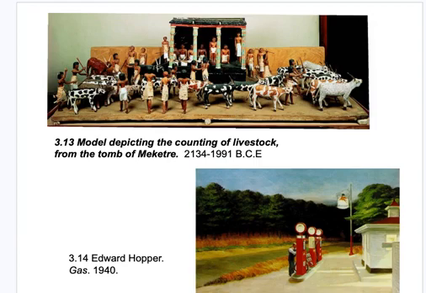The lower one, fast forwarding thousands of years, to 1940 in America. This artist is Edward Hopper. The title of this painting is Gas, and as you can see, it depicts a small town gas station, which was very common of Edward Hopper's artwork.